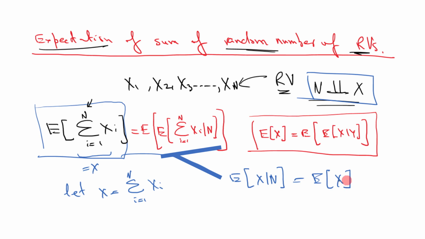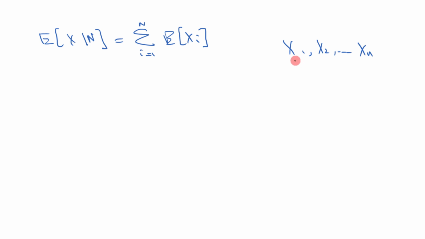It will be equal to summation i equals 1 to n xi given n, which is equal to summation i equals 1 to n expected value of xi, because all random variables are independent and identical.